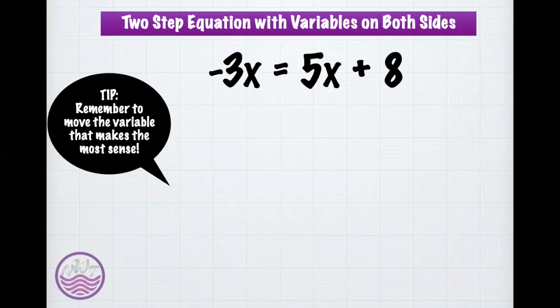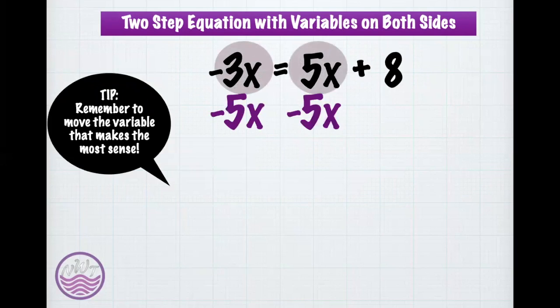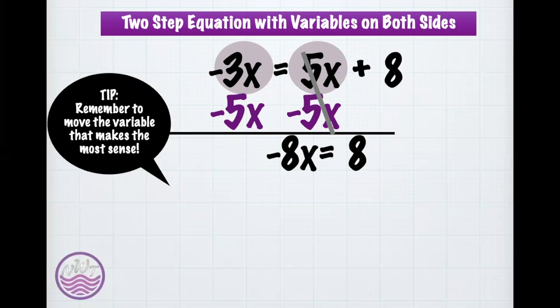So in this case, it is a rare case where you're going to move the larger one. I have 5x, and I'm going to subtract 5x from both sides, and we cross those out, and we get negative 8x equals 8. From here, of course, we need to get the x isolated.